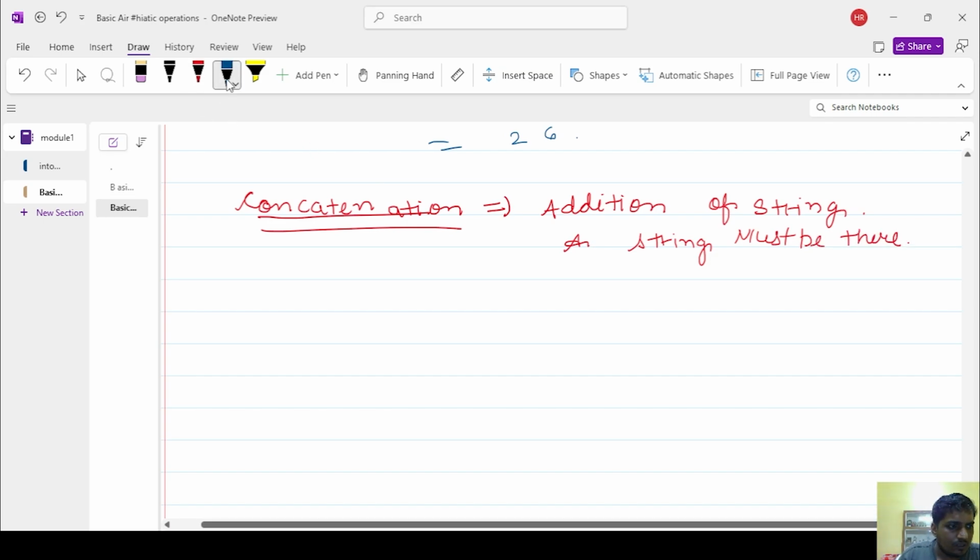Okay. Now, there are some rules of concatenation. We see some rules first. Anything that is written in double quotes is a string.